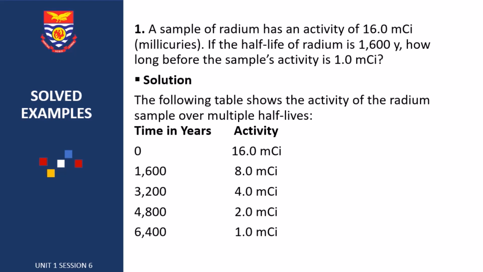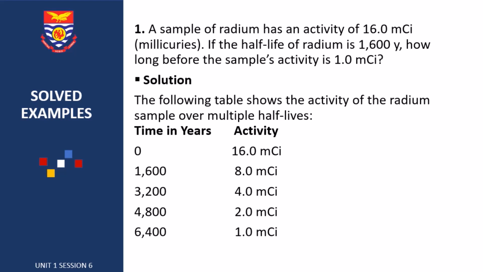Now, the first thing we need to know in solving this question is that the half-life of the radium is 1600 years, which means that after every 1600 years, half of the amount of radium will decay. So after 1600 years, half of the 16 millicurie will decay, and it should be left with half of it.